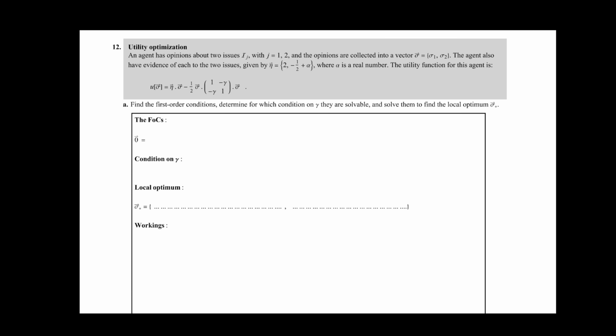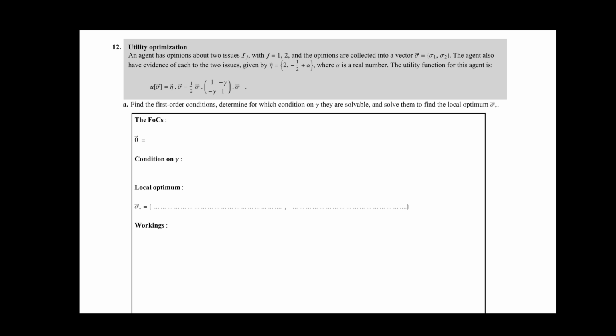Moving on to question 12, utility optimization. An agent has opinions about two issues σ_j, with j equal to 1, 2, and the opinions are collected into a vector σ, which is σ1 and σ2. The agent also has evidence of each of the two issues given by η = (2, -1/2 + α), where α is a real number.